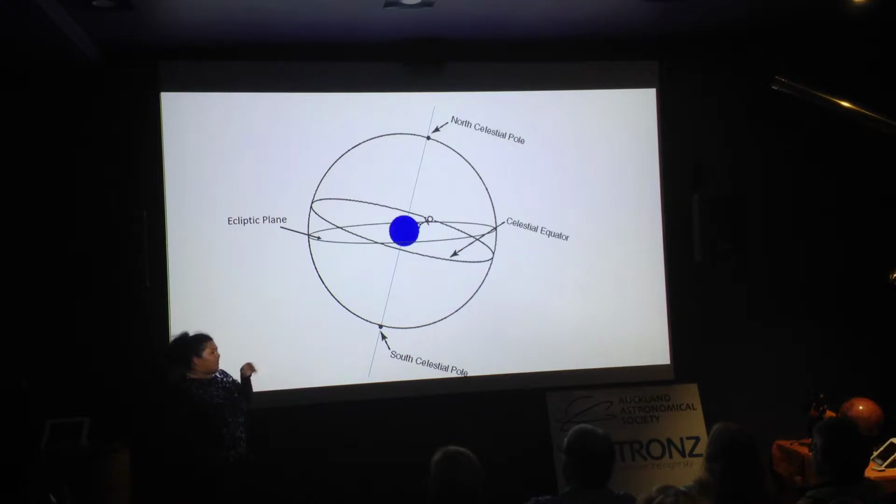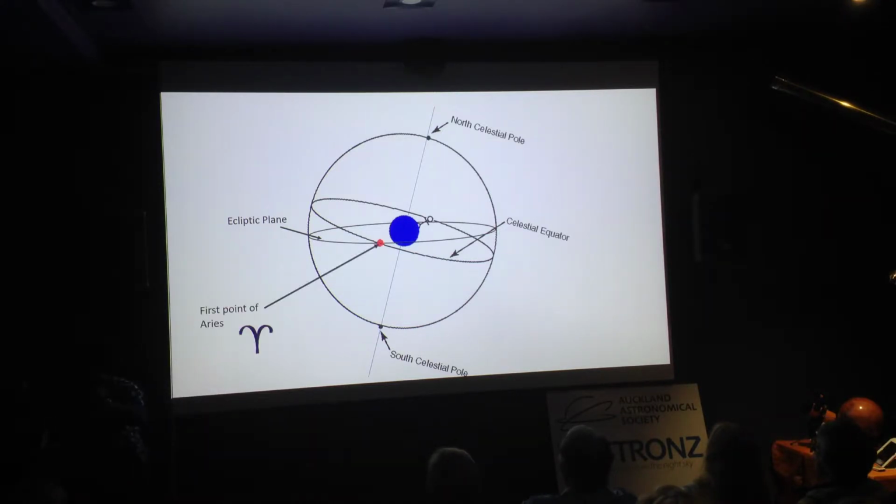Now remember how I said we have that 0, 0 point on Earth? We've also got that 0, 0 point in space on the celestial sphere. If you don't know where that is, it is actually at the intersection of our ecliptic plane and the celestial equator. And that's got a very cool name.